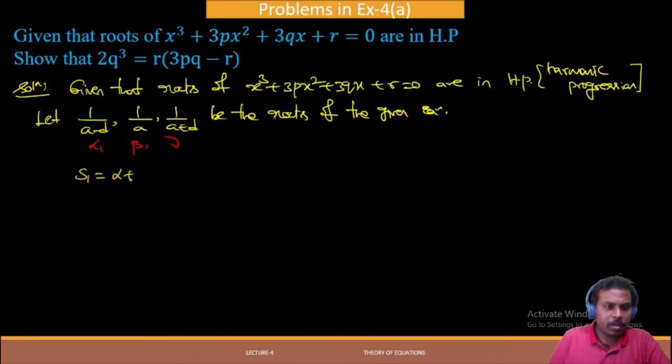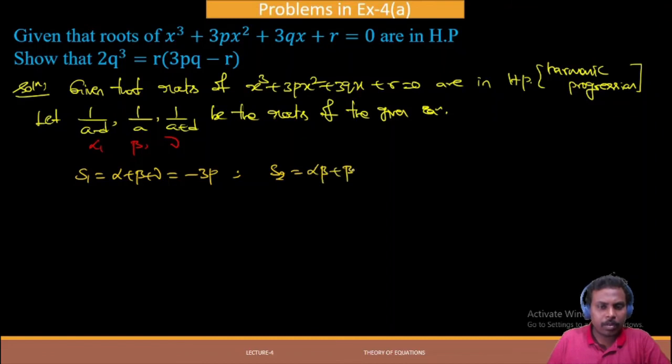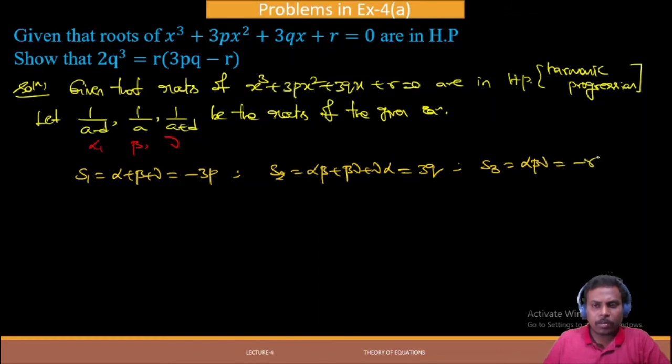S1 is equal to alpha plus beta plus gamma, that is equal to minus 3p, and S2 is equal to alpha beta plus beta gamma plus gamma alpha is equal to 3q, and my S3 is equal to alpha beta gamma, that is equal to minus r.